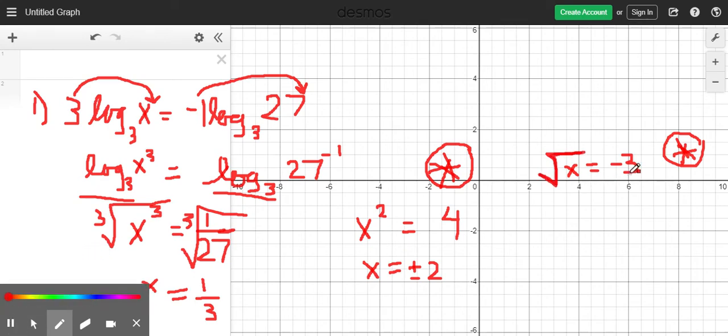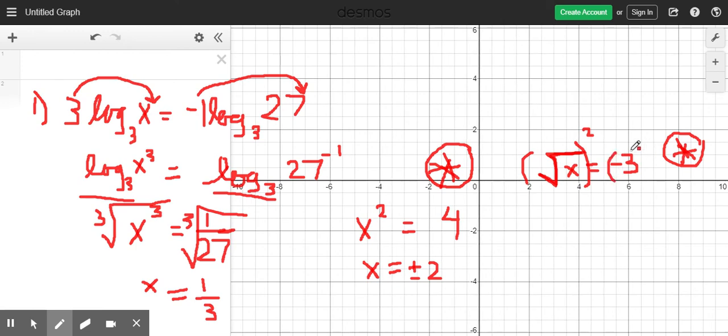Okay, it's impossible to get negative out of a square root, so we can tell right away that there is no solution here. We wouldn't have to solve. But if you had gone so far as to squaring both sides right here, and you had got x equals 9, then you would need to check your answer.